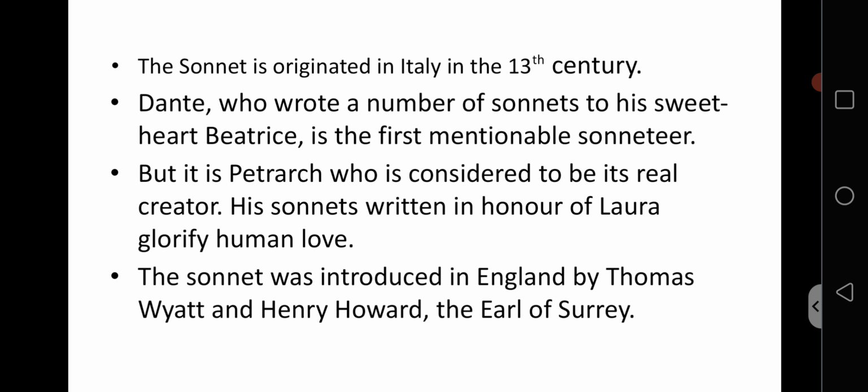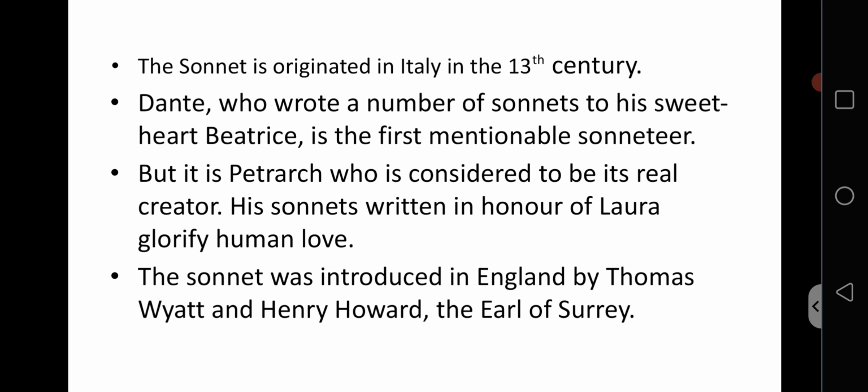But it is Petrarch who is considered to be its real creator. So, the sonnet was created by Petrarch. He was also an Italian poet. His sonnets, written in honor of Laura, glorify human love.